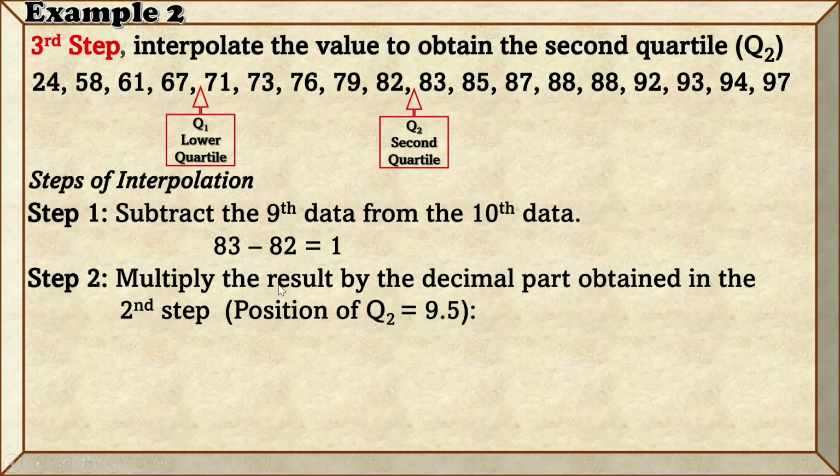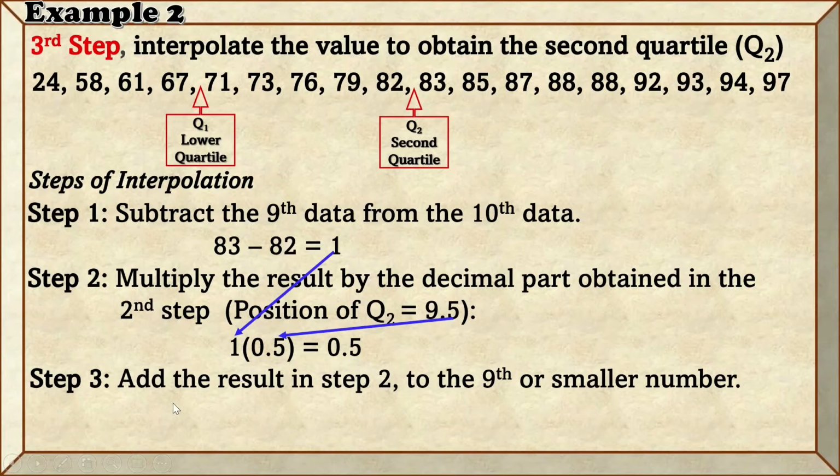Step 2, multiply the result by the decimal part obtained in the second step, the position of second quartile, which is 9.5. So ang decimal dito is 0.5. So we have 1 times 0.5 equals 0.5. Step 3, add the result in step 2 to the 9th or smaller number.